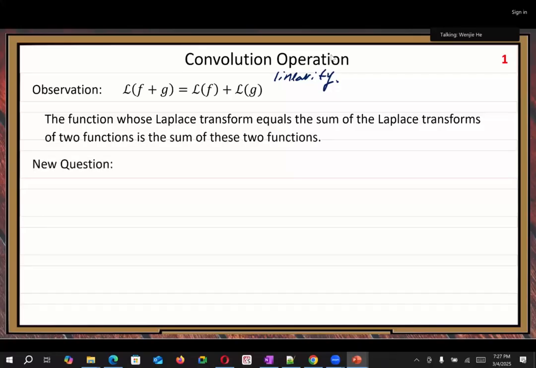Then we want to look at a new question. The Laplace transform of what function equals the product of two Laplace transforms? It's easy for the sum: f plus g. But for the product, what should we have in that question mark place? That's the inspiration.